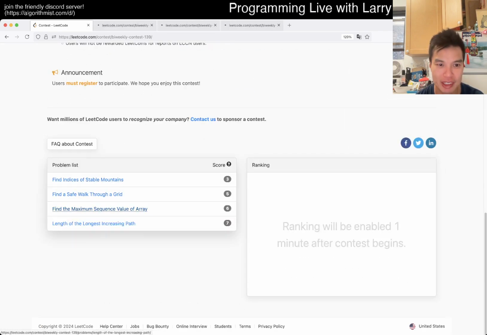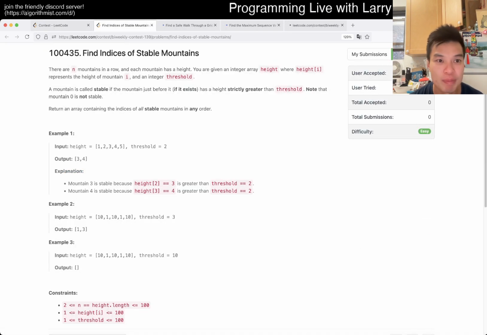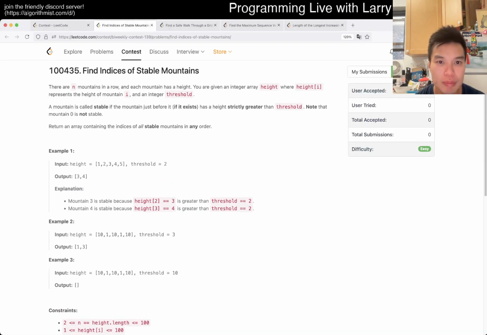My clicking MMR is very low. Oh, indexes.